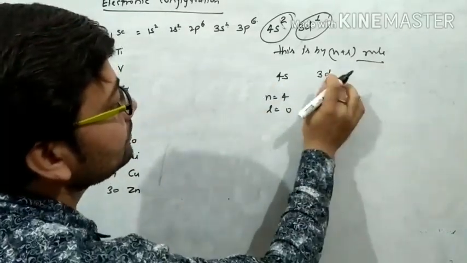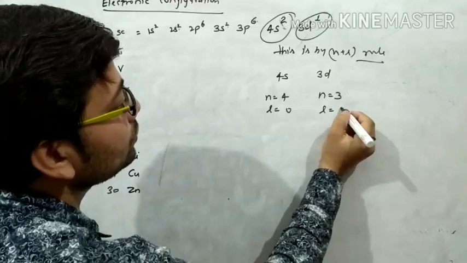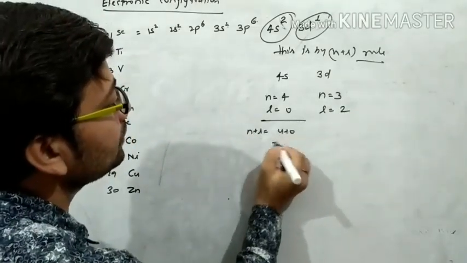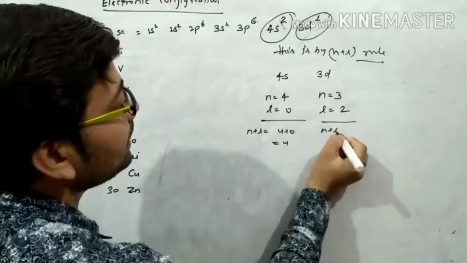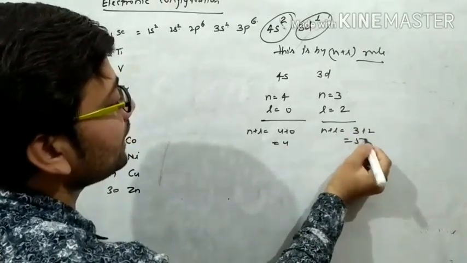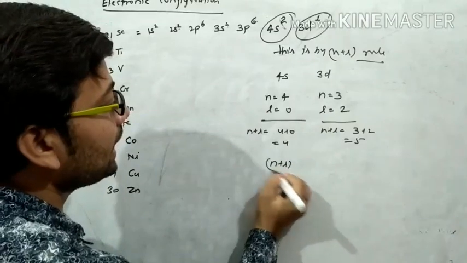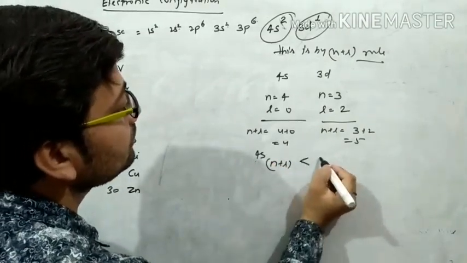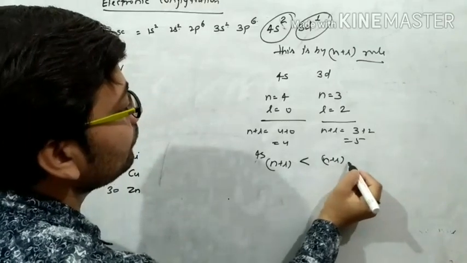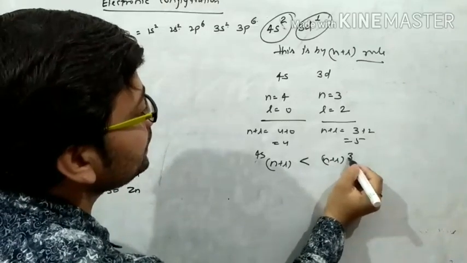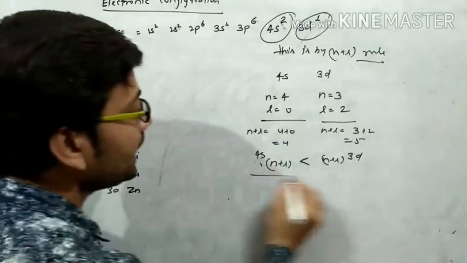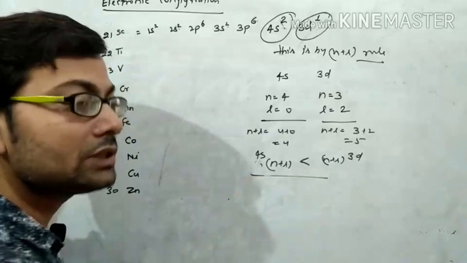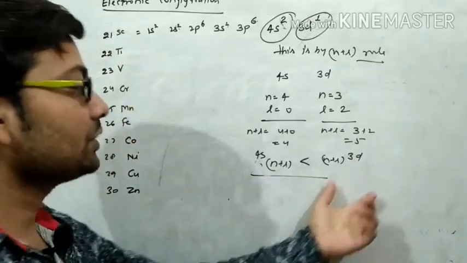The l value for d is 0, 1, 2, that is 2. Add this n plus l: for 4s, that is 4 plus 0, that is 4, and for 3d, n plus l is 3 plus 2, that is 5. Which has the lower value? 4s has an n plus l value less than that of 3d.